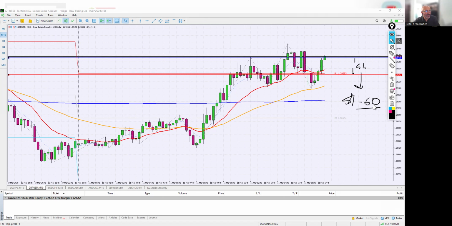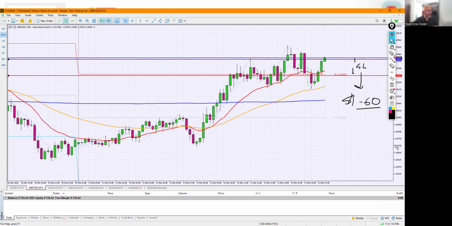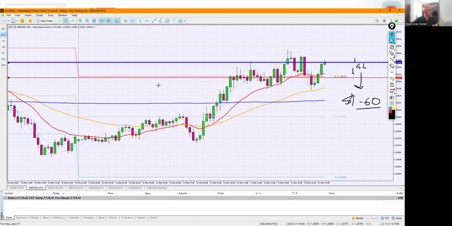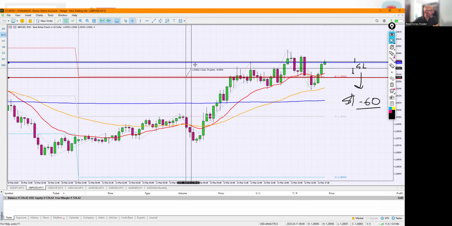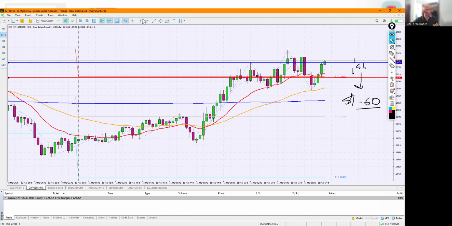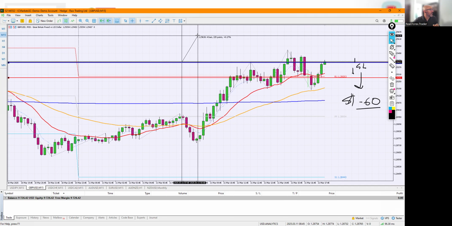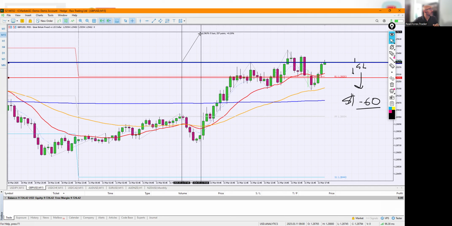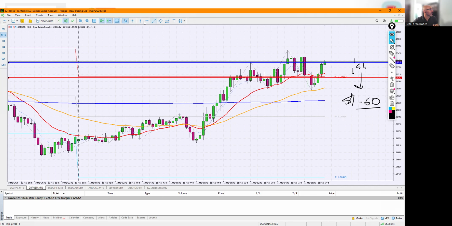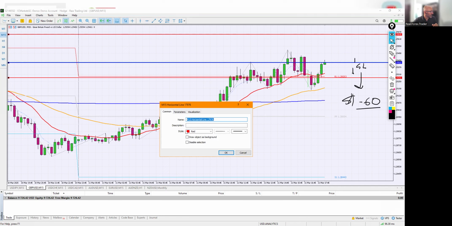So if I am risking $60, it is because I am aiming to double the money. So in this case, if I am risking here with this 12 pips, it is because I am aiming for 24 pips, which is around this price in here. Here is my take profit.